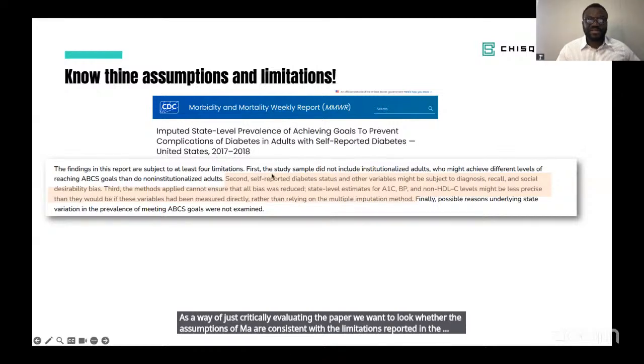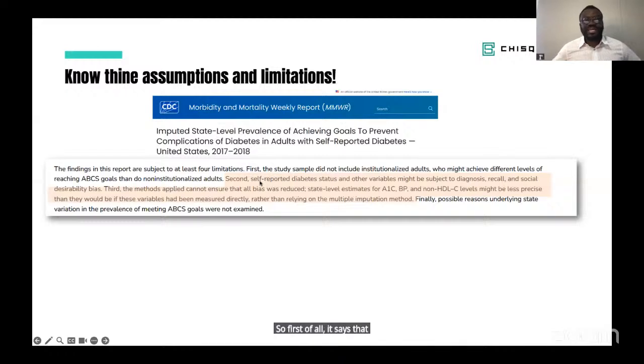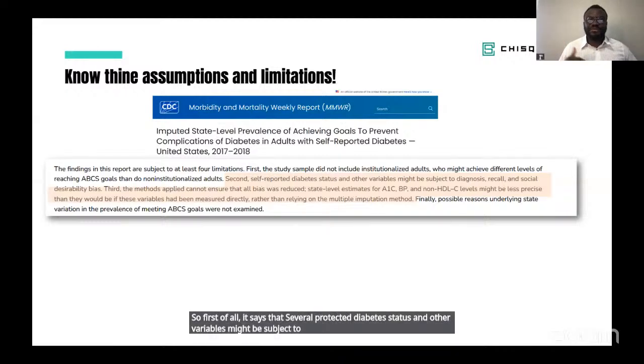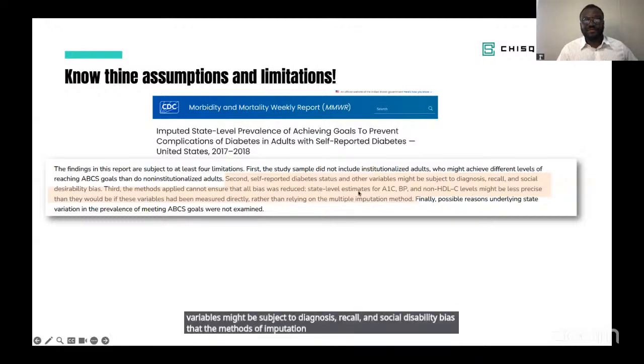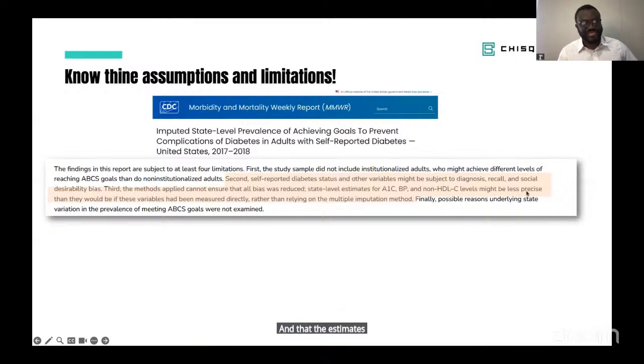So first of all, it says that self-reported diabetes status and other variables might be subject to diagnosis, recall, and social desirability bias, and that the imputation methods applied cannot ensure that all bias was reduced, and that the estimates might be less precise than they would be if those variables had been measured directly.